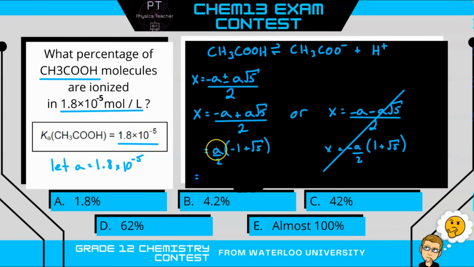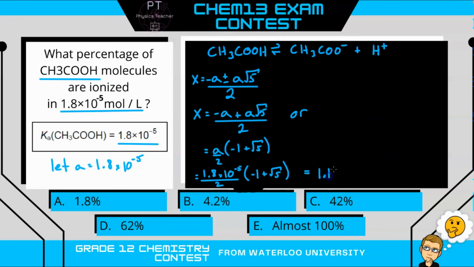So now if we plug back in A, which is 1.8 times 10 to the minus 5, all divided by 2, times negative 1 plus the square root of 5, we get 1.112 times 10 to the minus 5.